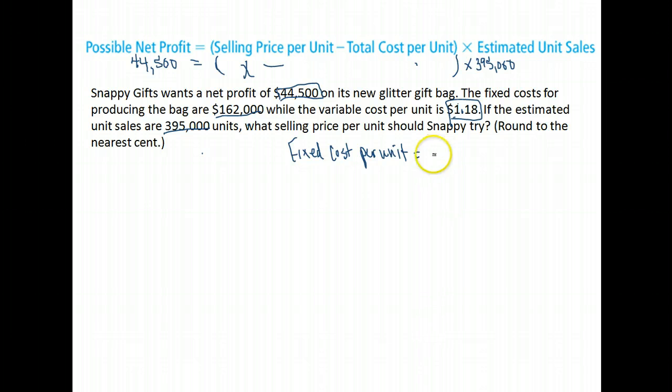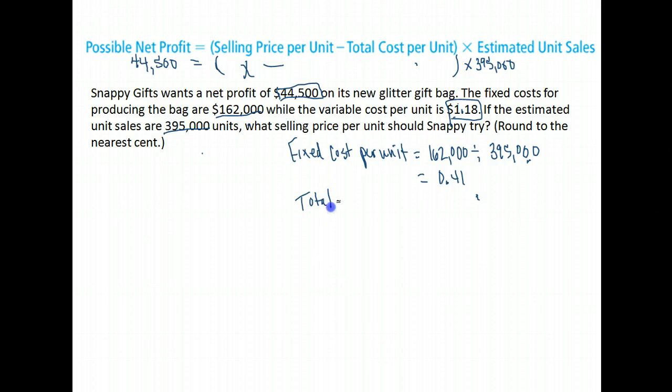Okay, so our fixed cost per unit, we take our cost of $162,000, divide by the number we're going to sell. Their estimated sales is 395,000. So we're going to divide by 395,000. Again, cost is dollars, per means to divide. All right, when I do that division, I get 0.041, so it's 41 cents is the fixed cost per unit.